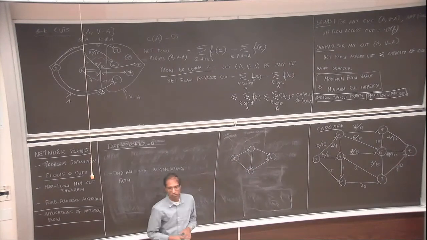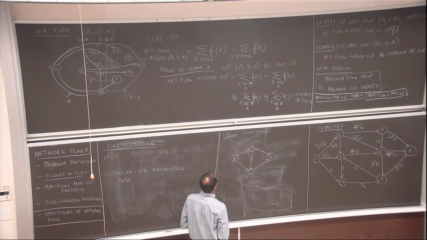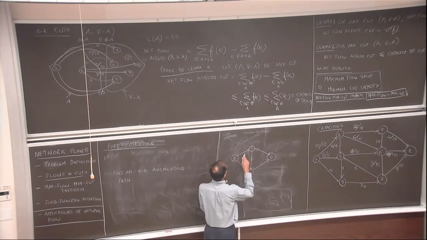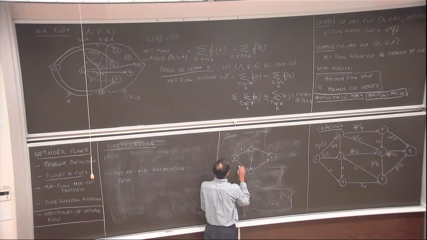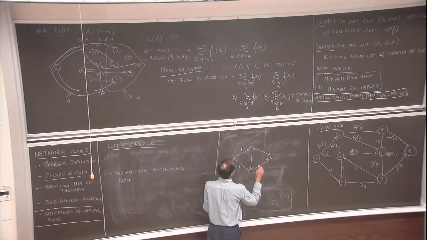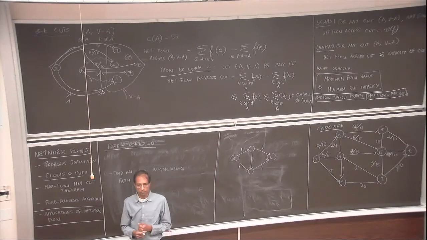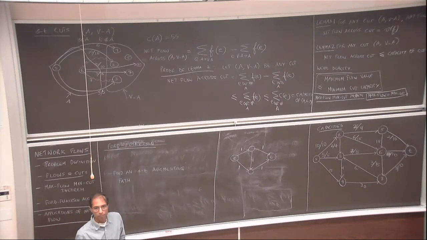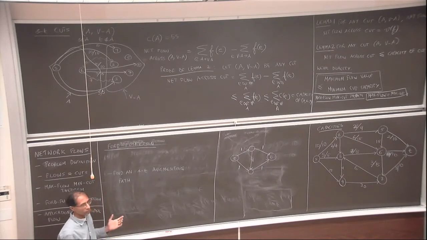Let's say this is your graph, a very simple network, with capacities 1, 1, 1, 1. All right. So I'm going to just apply the greedy method that we were thinking of.